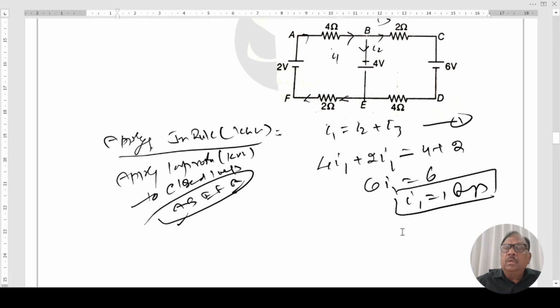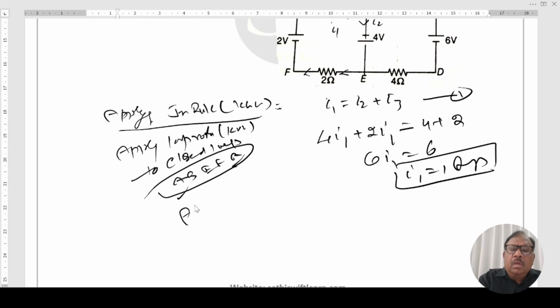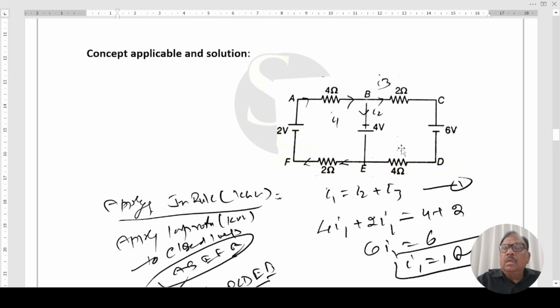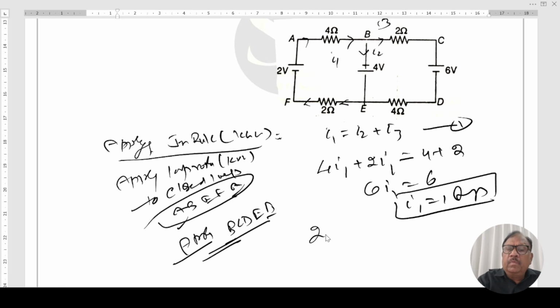Now applying KVL to loop BCDEB. This comes out to be 2 plus 4, 6, 2I3 plus 4I3 equals minus 6 and positive 2, we are considering the current flowing like this around the loop.